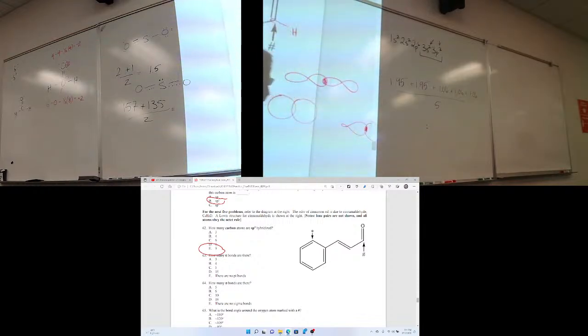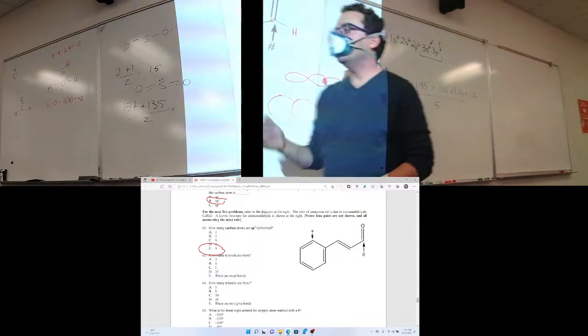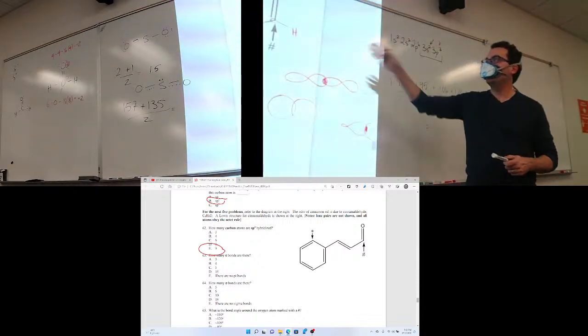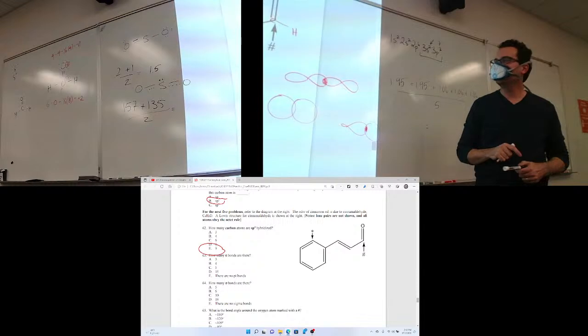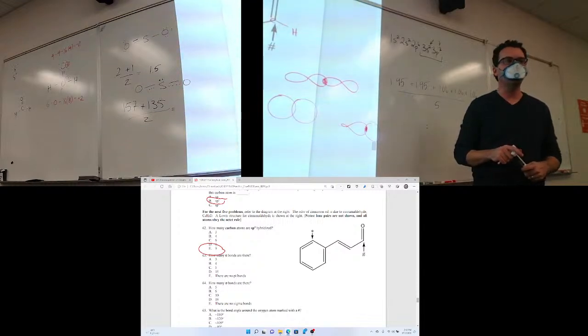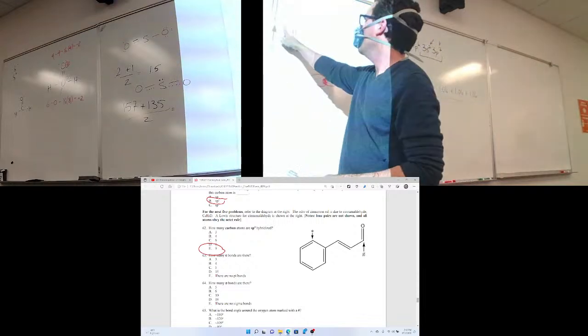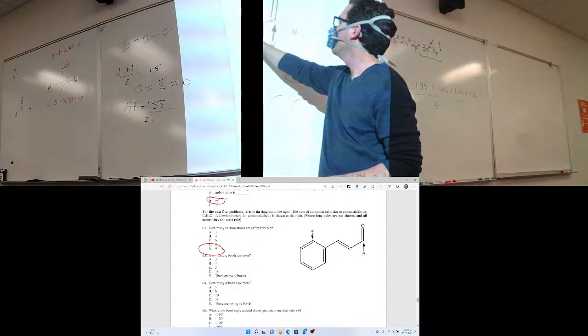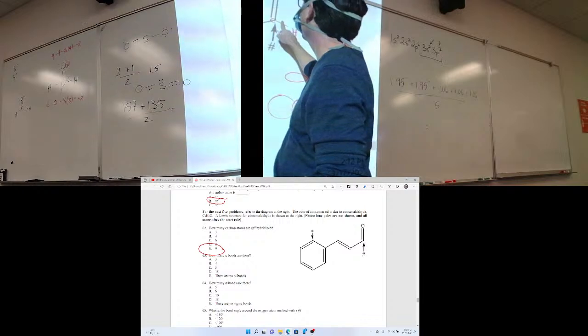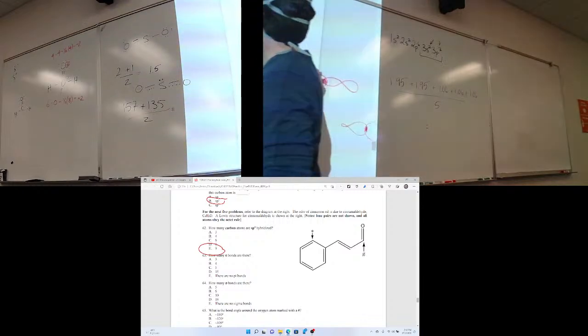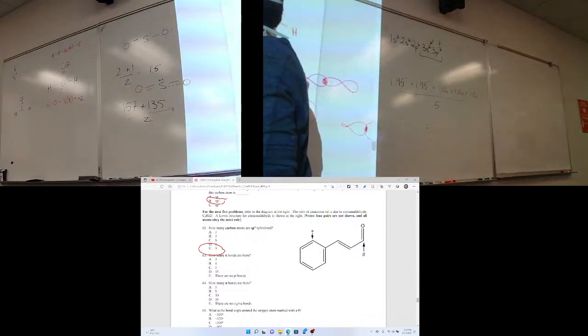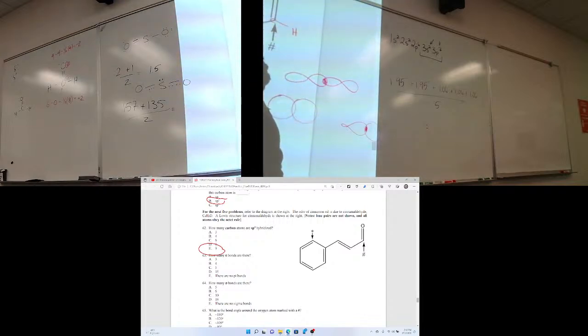That's a sigma bond. So the first bond in every single structure is going to be a sigma bond. So there's actually 18 of them. 1, 2, 3, 4, 5, 6, 7, 8, 9, 10, 11, 12, 13, 14, 15, 16, 17, 18.